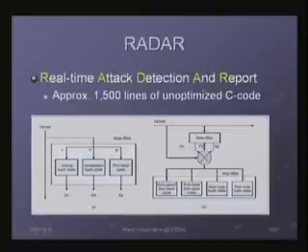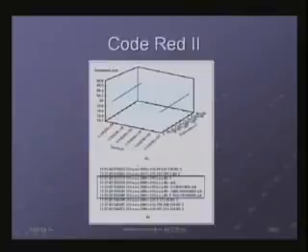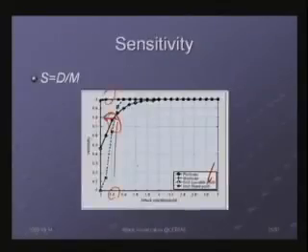So that's why we sometimes get a wrong signature for a packet, and that is the reason that we have lower sensitivity for the attacks that have variable port numbers.